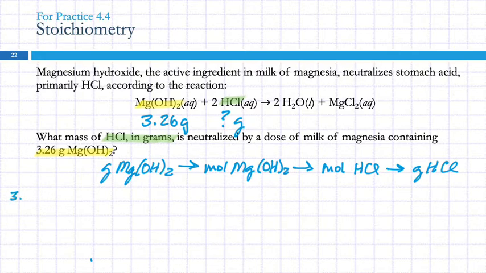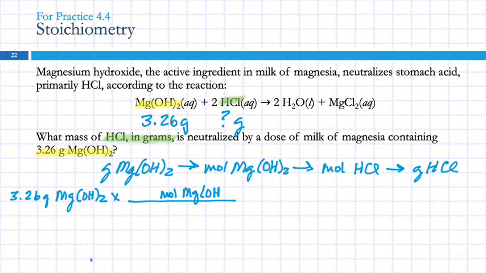So 3.26 grams of Mg(OH)2. And the next unit is moles of Mg(OH)2. And I've got another arrow, and that's going to give me moles of HCl. And another arrow, and I get to grams of HCl.